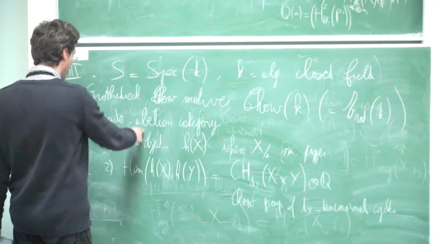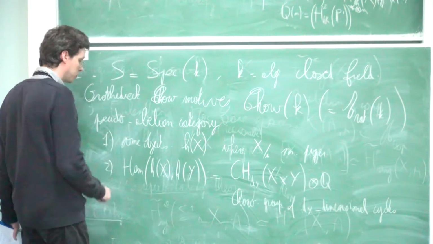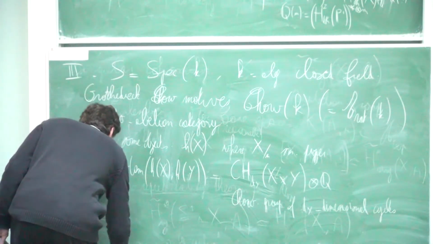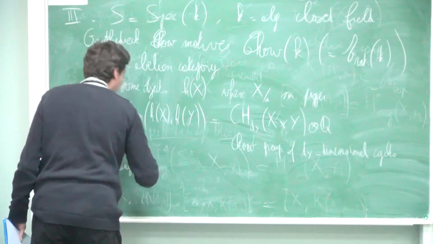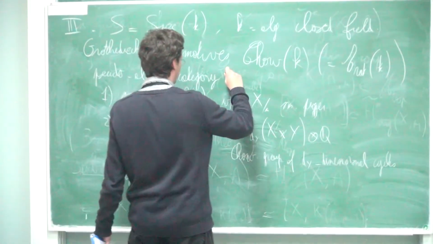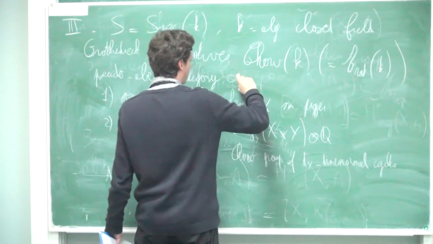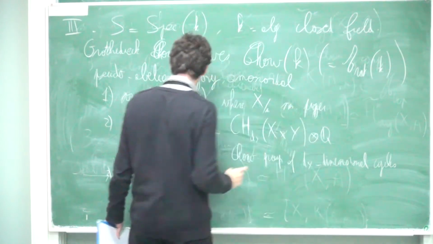Okay, so it's pseudo-abelian, so projectors admit kernels in that category, and recall also that it's a monoidal pseudo-abelian category.